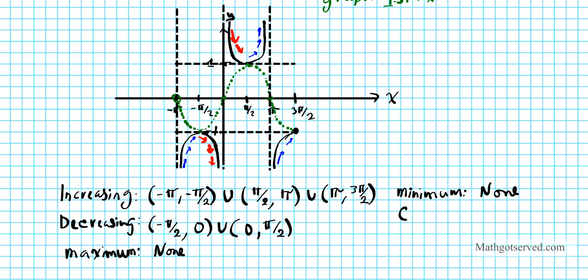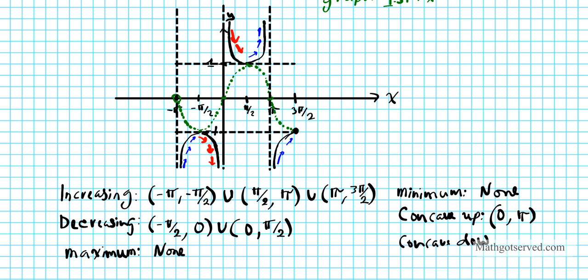All right. Concave up. Where does the U open up, partially or completely? It opens up right here. This is the only place that's concave up. So it's concave up from 0 to pi. And then concave down.